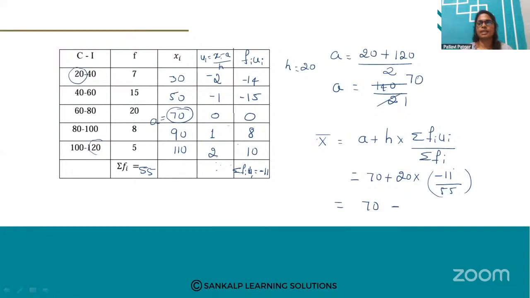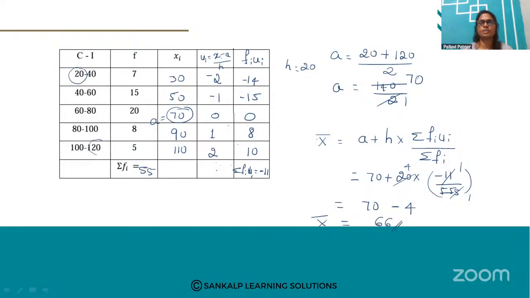Minus 11 ones are 11, 5s are 55, so 5 ones are 5, 4s, and minus 4 remains. So 70 minus 4 is 66.